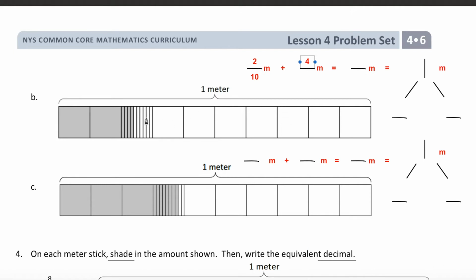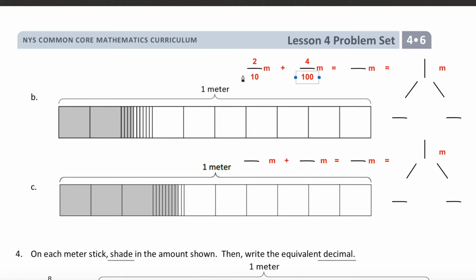And if we were to count these many boxes in each single box, remember 10, 10, 10, 10, 10, 10, 10, 10, 10, 10, that equals 100, okay? So we have 2/10 meters plus 4/100 meters equals, well, let's count it.